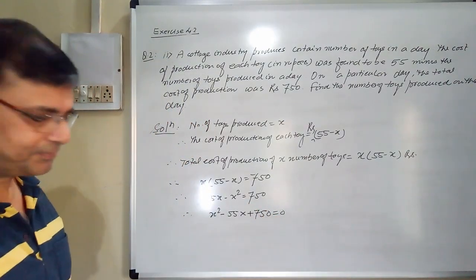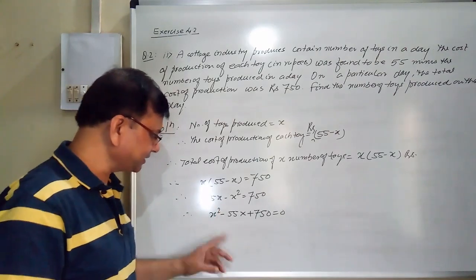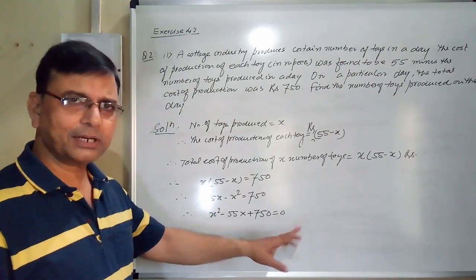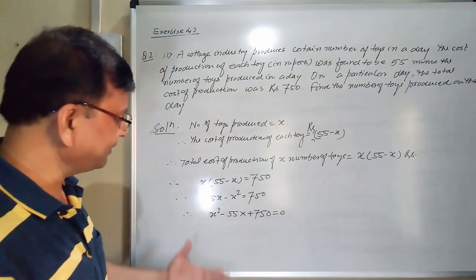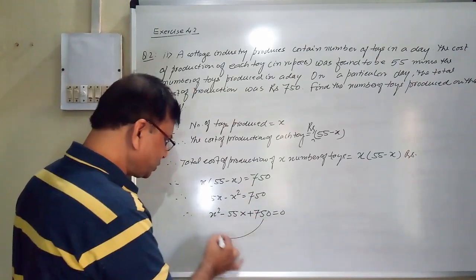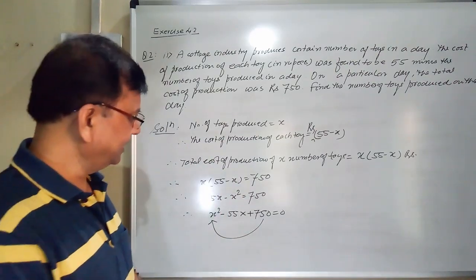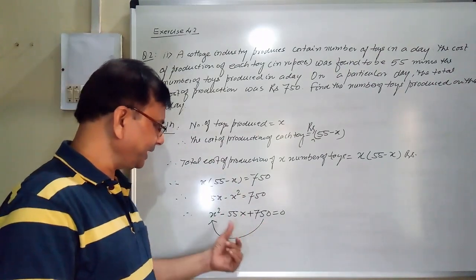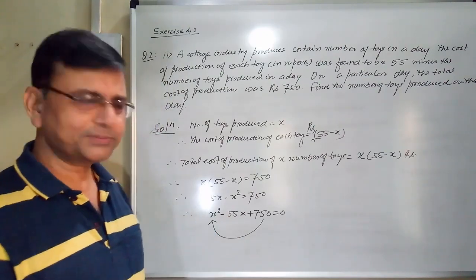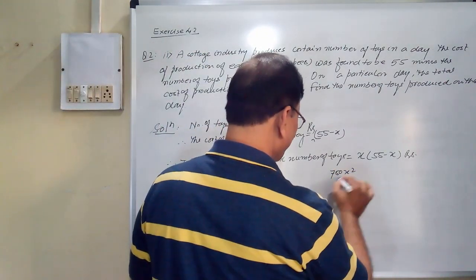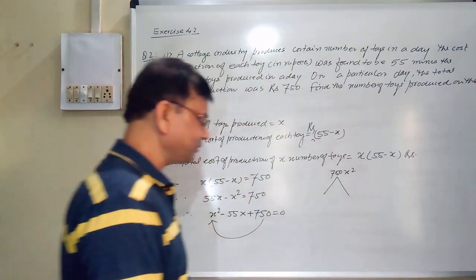Again, because the highest power on the variable is 2, it is a quadratic equation, and the method of solving a quadratic equation we will use over here. So these two will be multiplied and 750 will be factorized such that the product will be 750 and the sum will be minus 55.